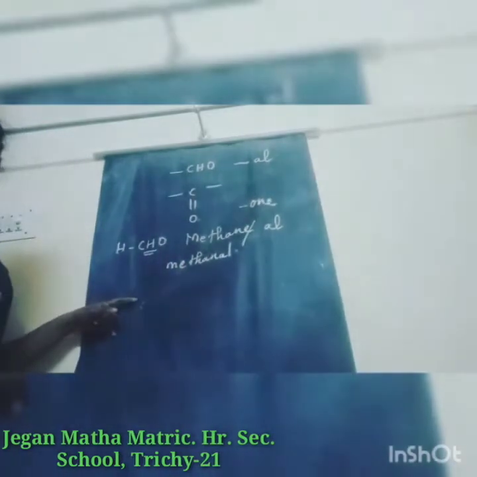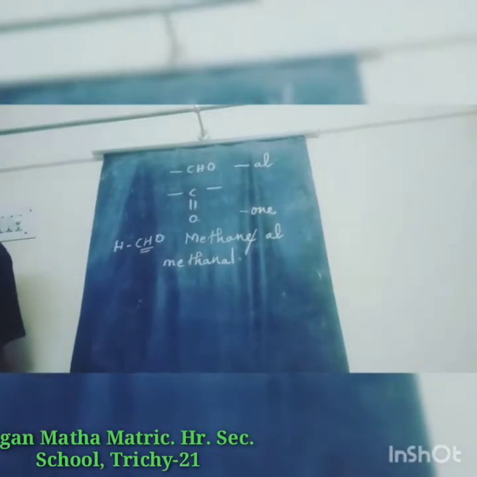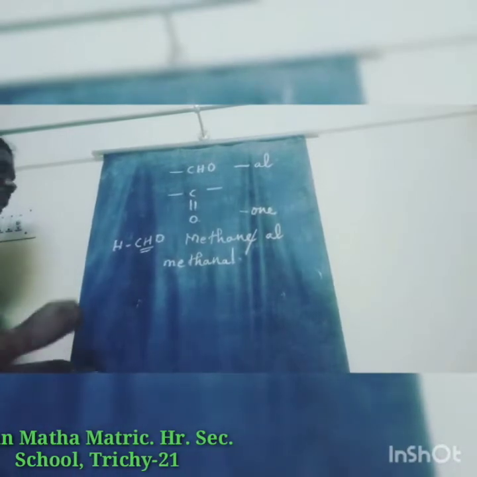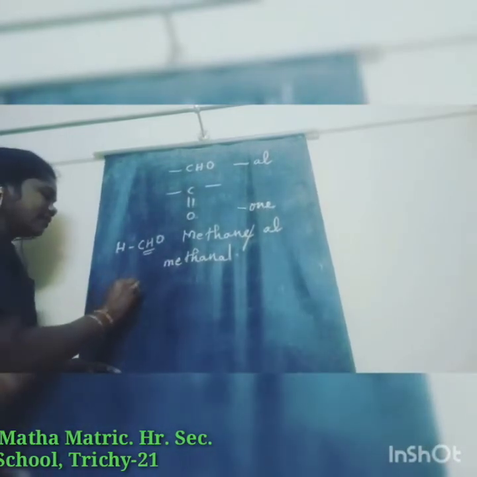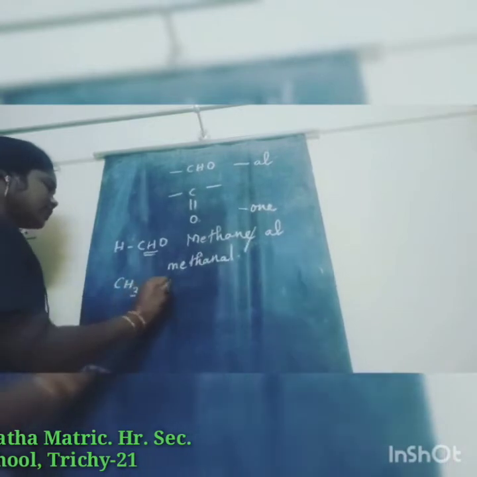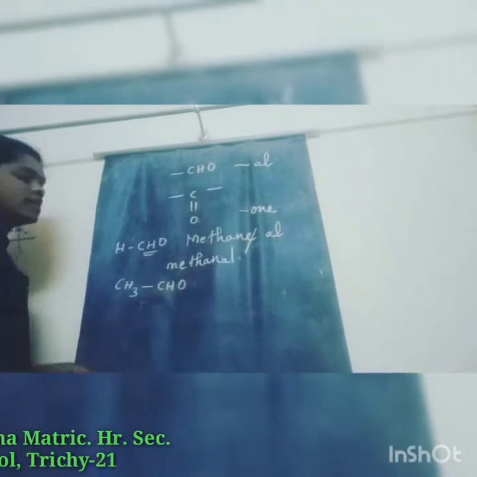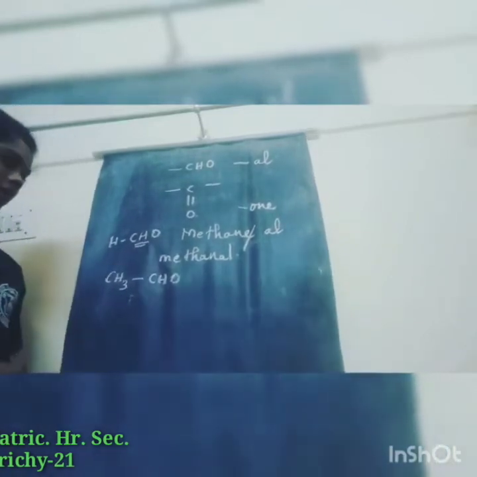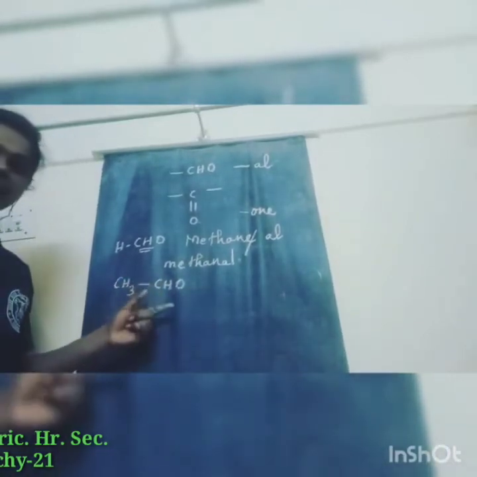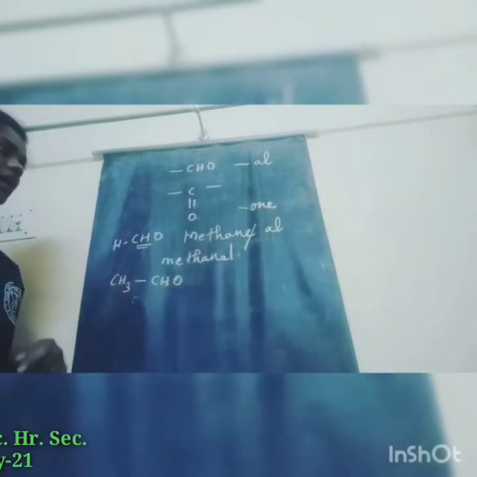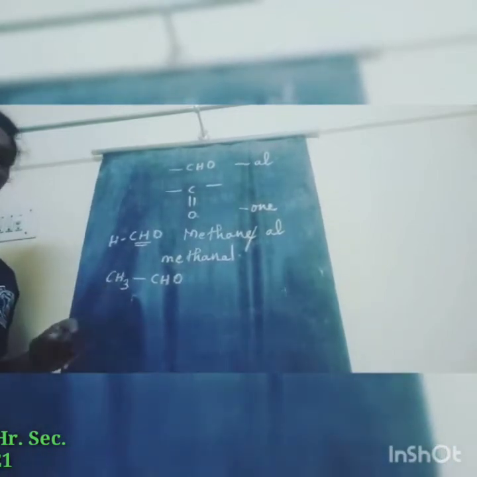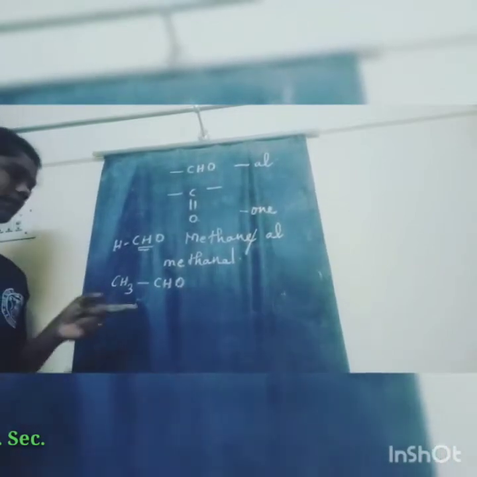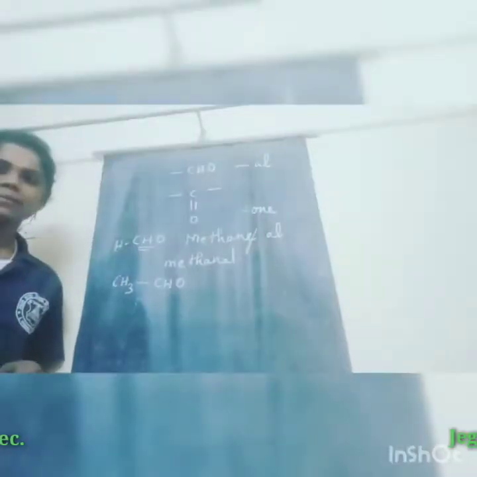Okay, and then see the next compound, acetaldehyde. Acetaldehyde formula is CH3CHO. First we find the functional group. Here the aldehyde group, CHO, is the functional group. Then we find out how many carbons are present here. Two carbons, so two carbons means ethane.